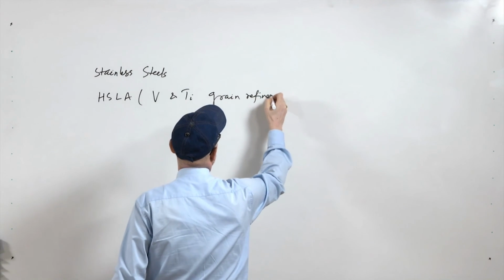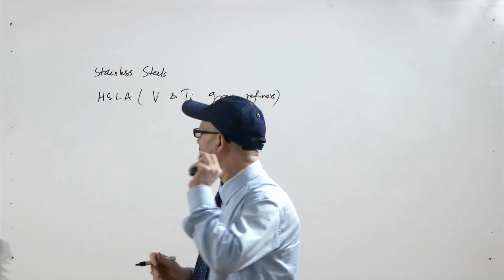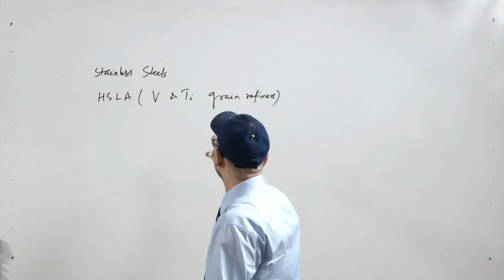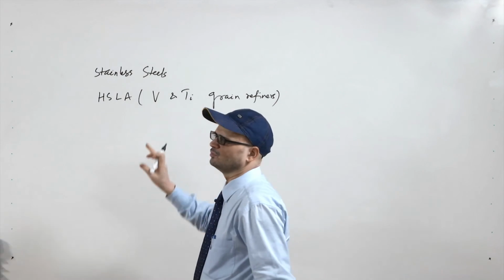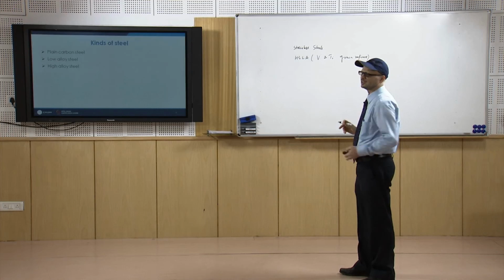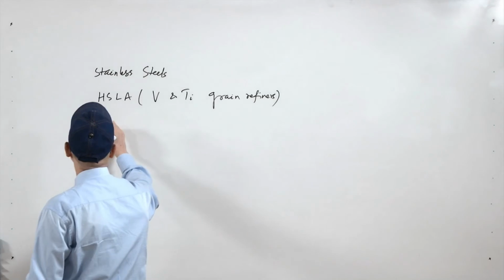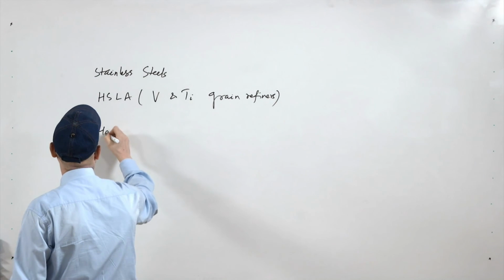They develop a very fine matrix, very fine grain size, because of these vanadium and titanium acting as grain refiners. In the case of high alloy steels, you have other steels like austenitic manganese steels, that is Hadfield steel.